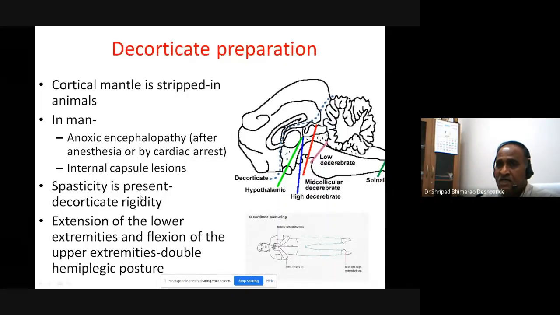This is because certain areas dominate in the decorticate state. It is something like a double hemiplegic posture. Hemiplegia is one-sided, and double hemiplegic means if it is anoxic encephalopathy or something like that. If it is hemiplegia, it means internal capsule lesions.